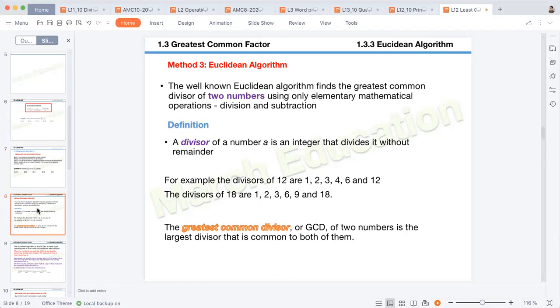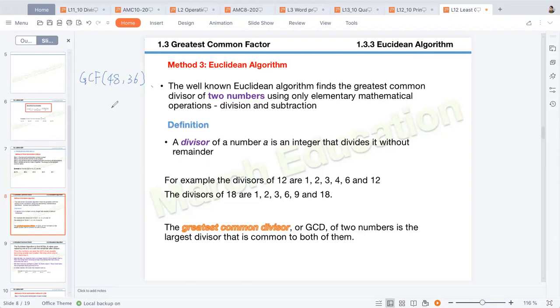We call this the Euclidean algorithm. How to use this method? For example, if I have 2 numbers and I want to find the GCF of the 2 numbers, say 48 and 36.